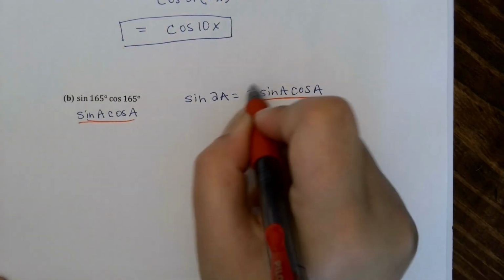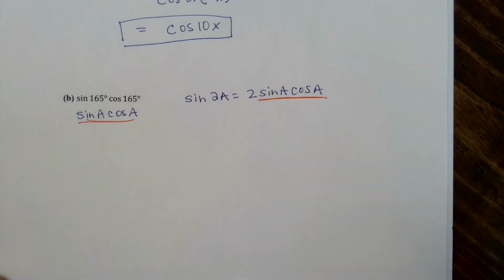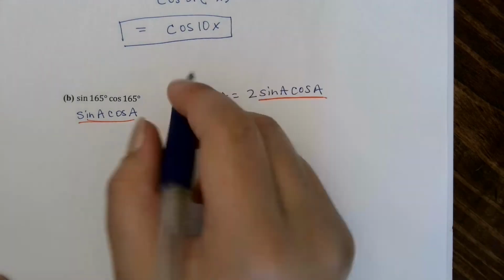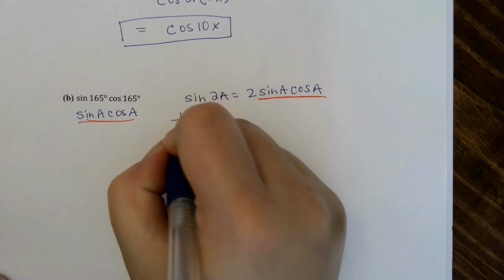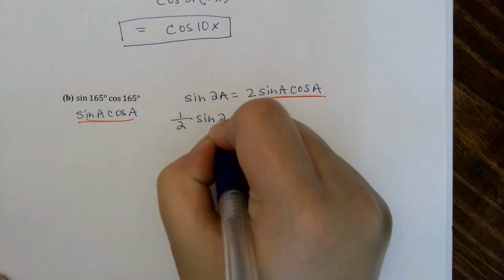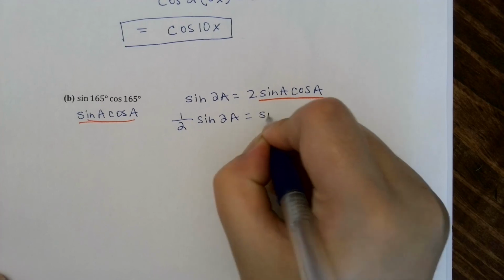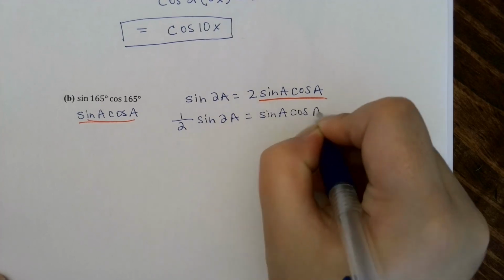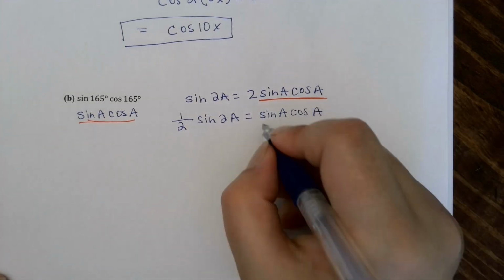We don't have that multiple of 2. If I divide both sides by 2, I can rewrite this formula to be 1/2 times sine 2A equals sine A cosine A. Okay, so that is what we have.